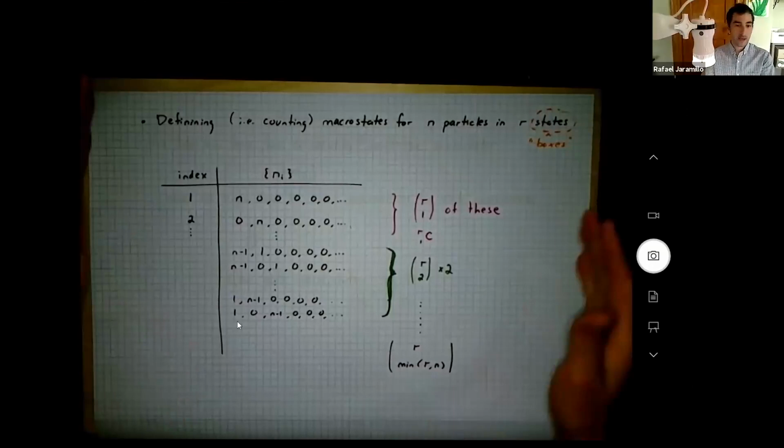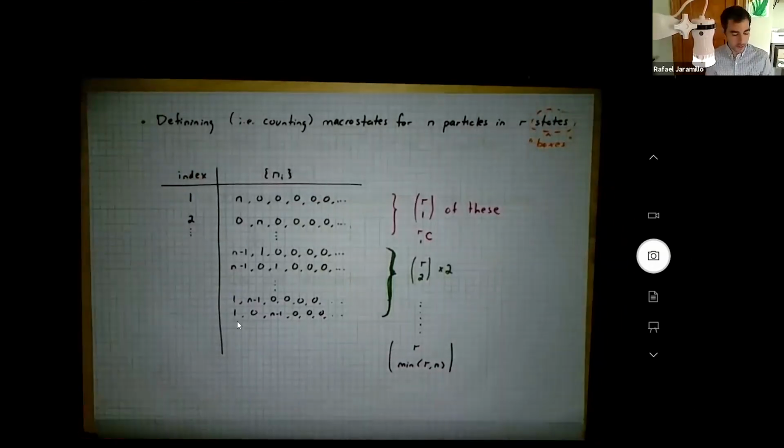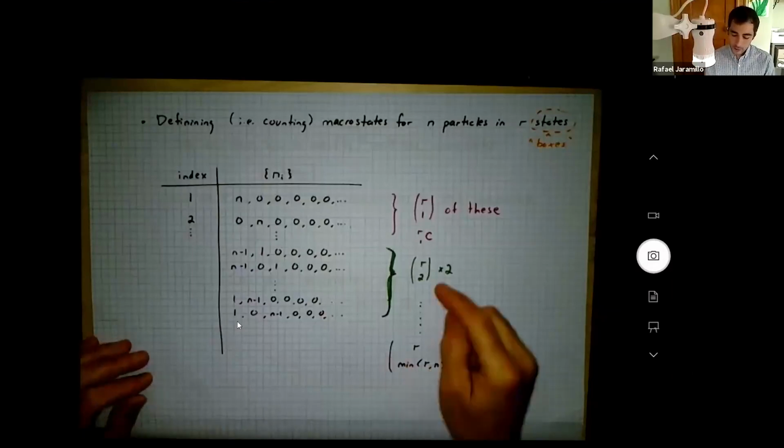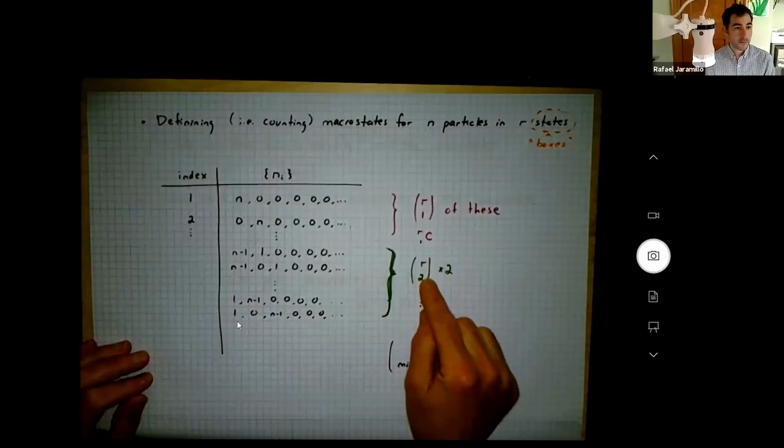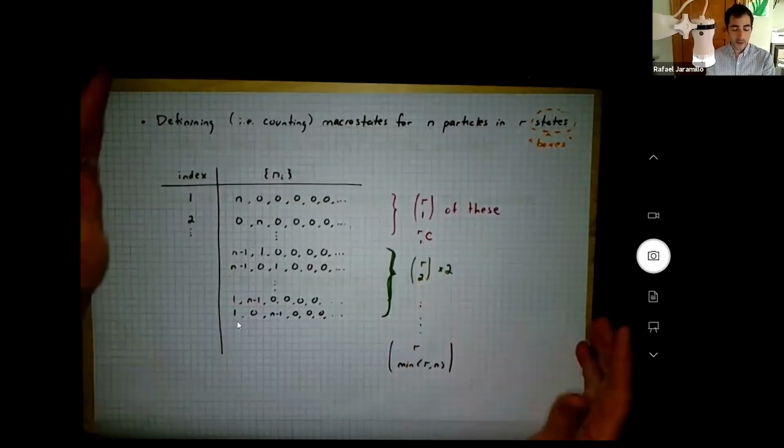Imagine the grid squares here are all the possible boxes, and I just have to pick 2. The combinatorial expression R choose 2 does that for me. I'm picking 2. All the rest are 0.